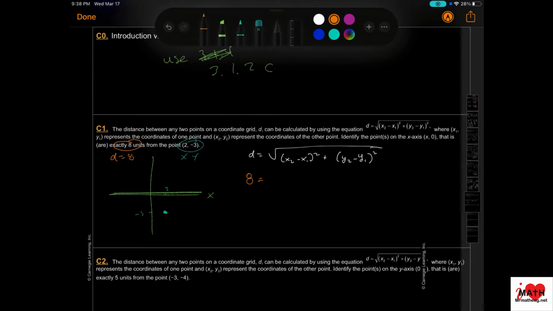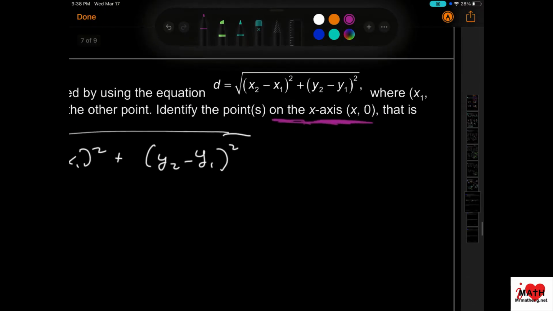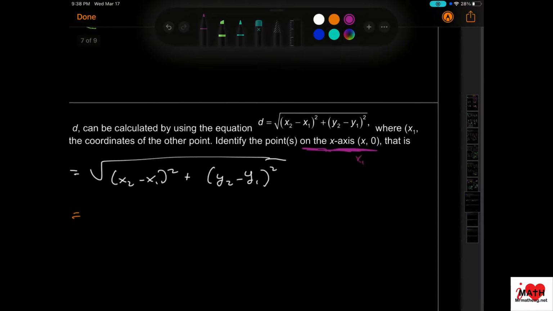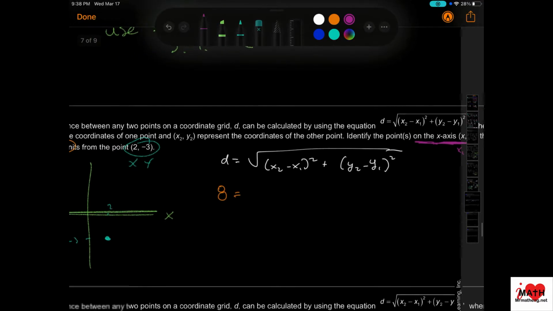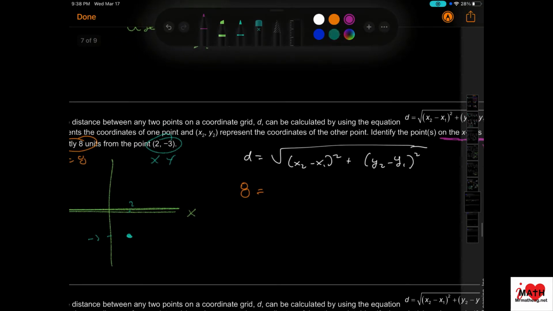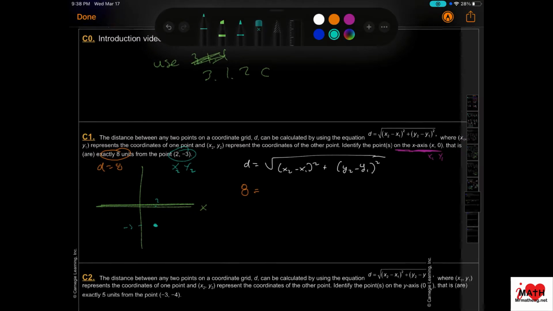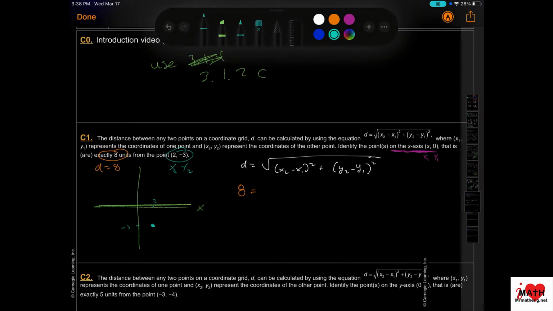And it wants us to be on the x-axis. Okay, so this tells me, let's call this one x1, y1. And that second one I'm going to call x2, y2. Okay, so let's go ahead and substitute that in. So x2 is 2, and y2 is -3.